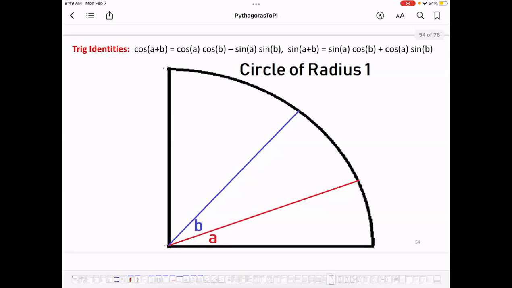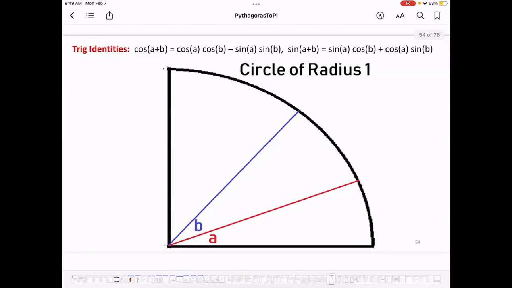So the length of the arc is the same as the length of the angle that it's coming from. That's not the same in degrees. In degrees, you have this annoying factor that you have to remember to include. And so the arc is essentially the same as the angular measurement in radians.